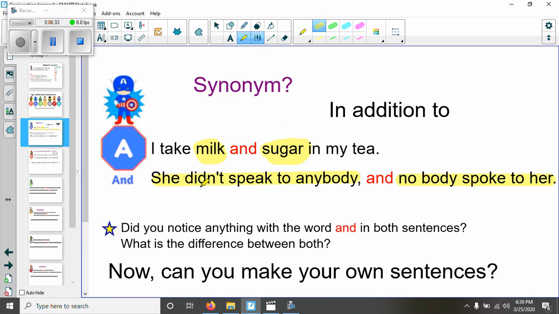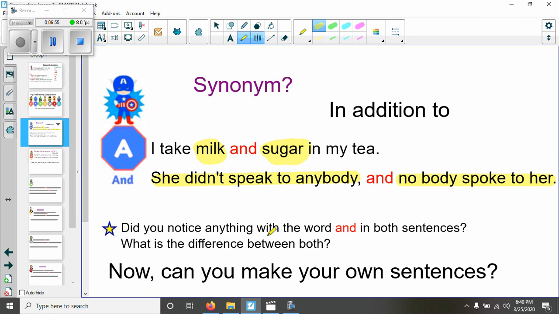But the second one, she didn't speak to anybody. That's a whole clause. And the other clause is nobody spoke to her. That's why I need to put a comma exactly. Is it easy? So we need to put a comma if we are connecting a clause to another clause, not a word with another word.